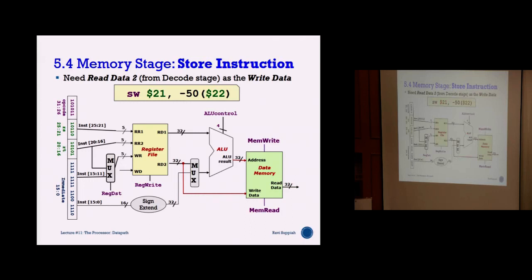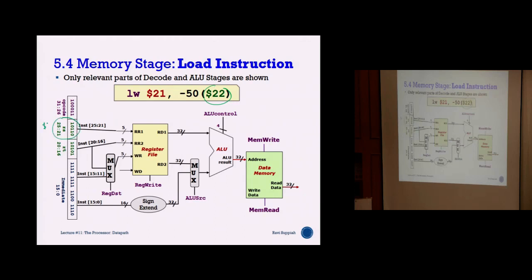So when I do a load word instruction, register 22 is specified here. This is your register 22, and this is my offset, minus 50.